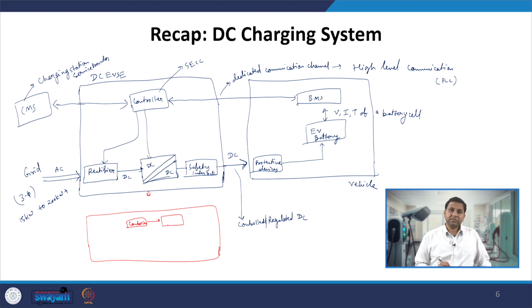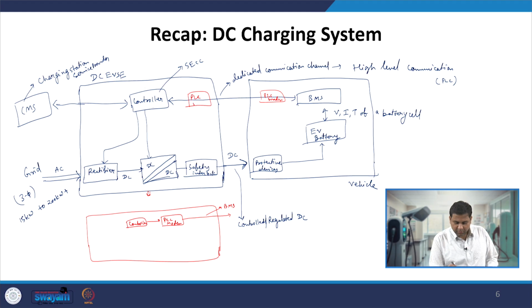Again I am drawing for CCS2 charging, which uses the PLC modem. It is connected to the BMS. So, on the vehicle side you have a PLC modem, and on the charger side, or EVSE side, you also have a PLC modem. These two will be communicating using power line communication over the CP line.